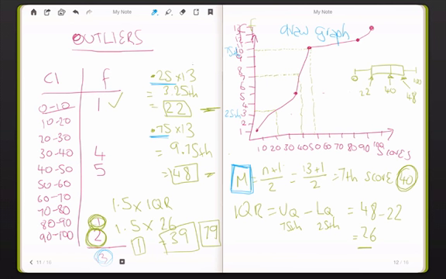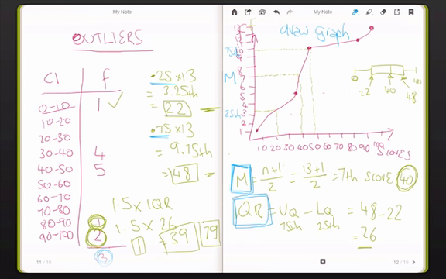And the important bit to remember is that it's the 3.25th score, okay? So you've got to look on your graph. You can't just say it's 3.25. So many people are stopping there. So you need the median, 25th percentile, 75th percentile. Your interquartile range you've got to remember as well. That's just the top one minus the bottom one, okay?